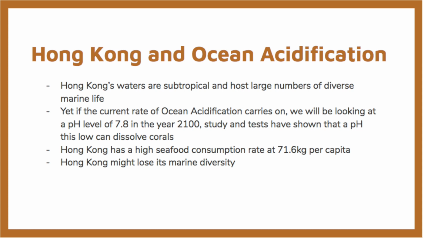Unsustainable numbers of coral reef loss will mean that Hong Kong tropical fish and marine species may very likely lose their habitats, and some of those marine species are major support for Hong Kong's fishing economy. Hong Kong is the second largest seafood consuming community in Asia, with a seafood consumption rate of 71.6 kilograms per capita.